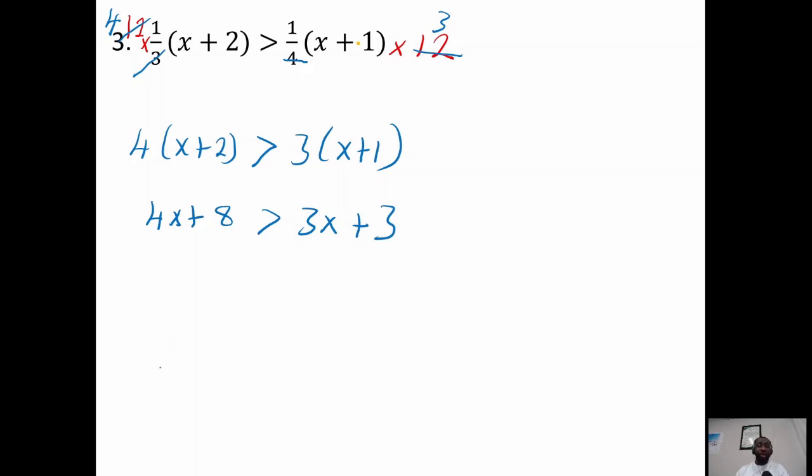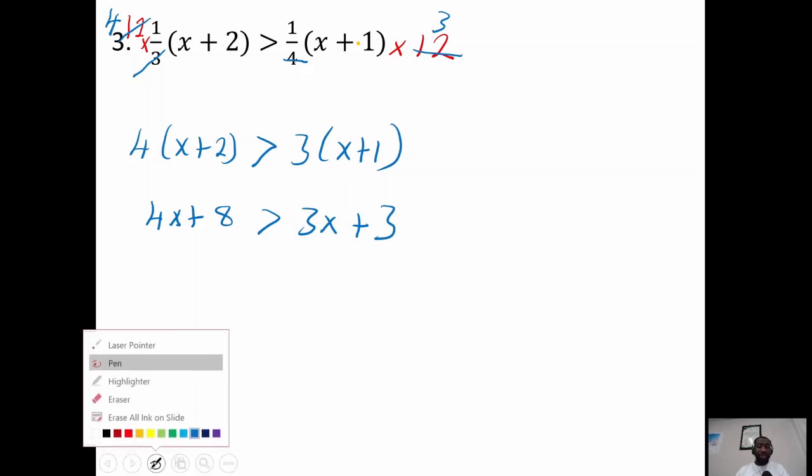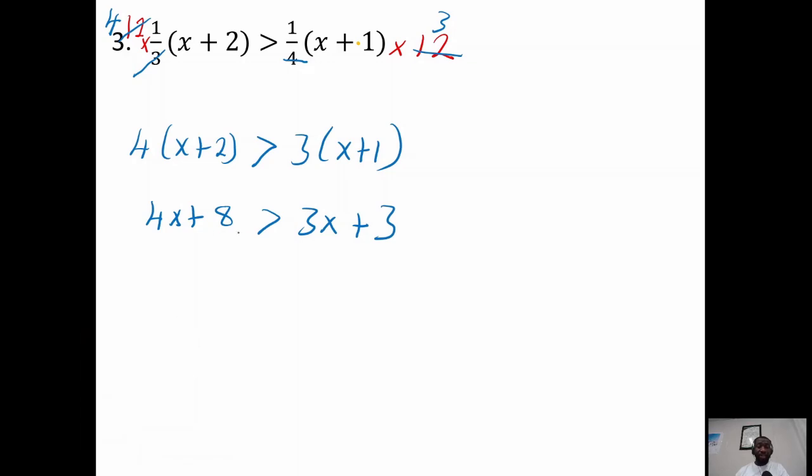Now, I want to make sure I get the terms that are alike on one side of the inequality and those that are not alike on the other side, that are the constants. So if I want to get rid of the positive 3s, I subtract 3s on both sides. And when you're subtracting, that is the subtraction property of an inequality. That's SPOI. Right?